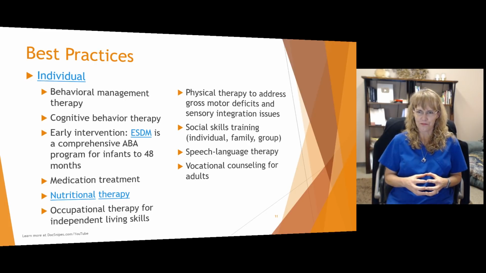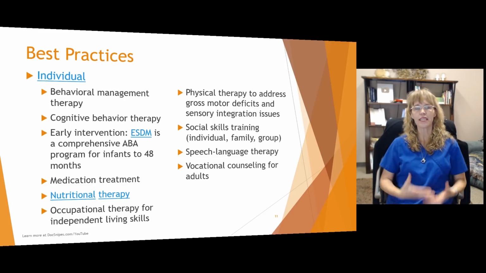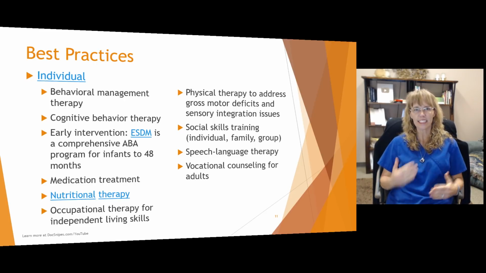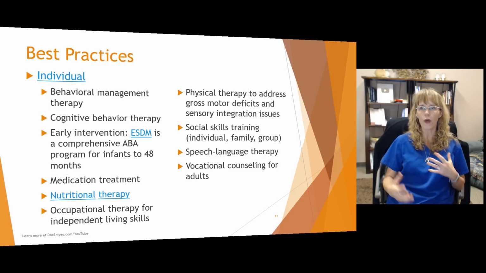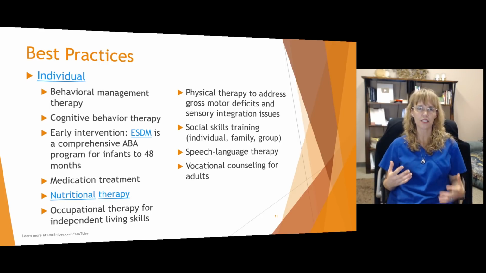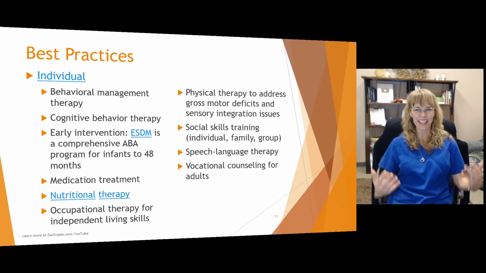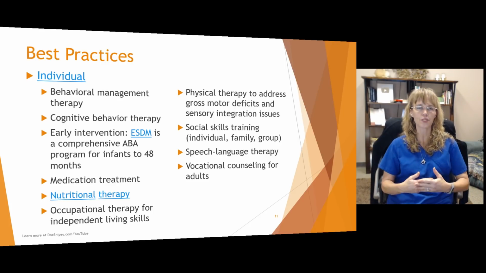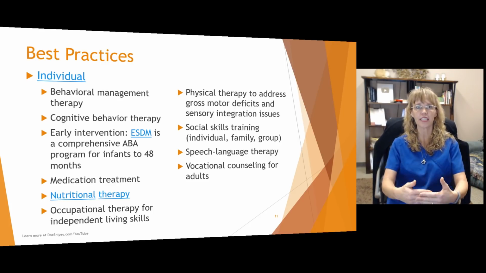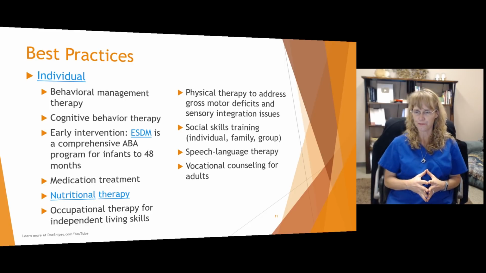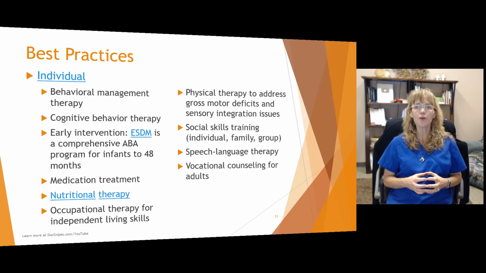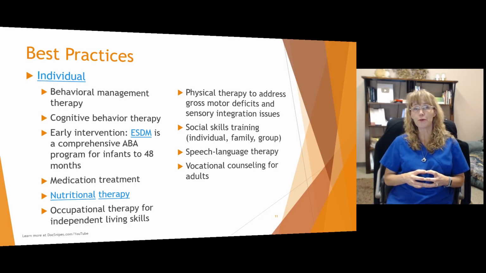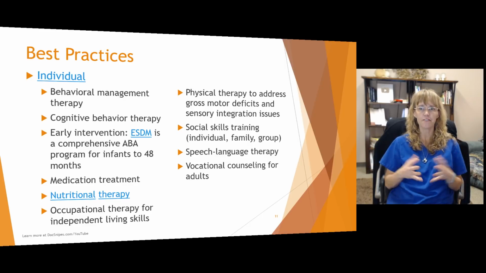And family, where the entire family is taught different activities and different ways to rehearse social skills at home, different expectations and ways to prompt effective behaviors in the individual with autism. Speech language therapy can be helpful for people with autism who have difficulty with verbal communication.